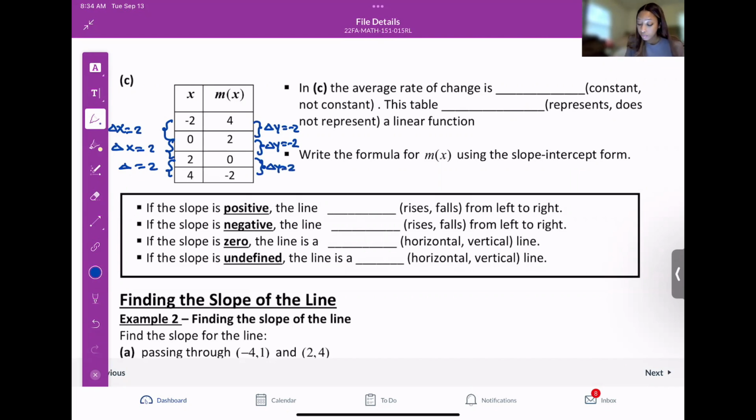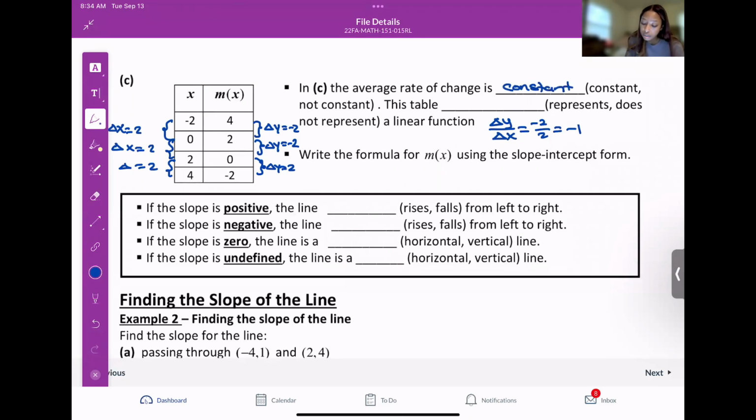When we put that together, the average rate of change, delta y over delta x, is negative 2 over 2, which is negative 1. And that's for all of those pairs, because they all have the same change in x and the same change in y. So yes, the average rate of change is constant.